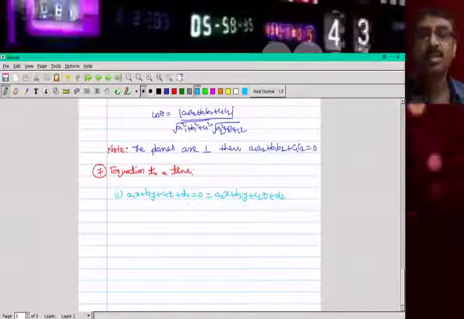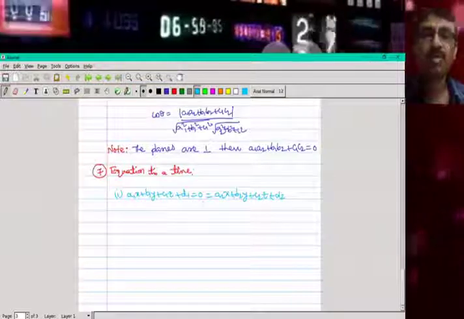Actually, the right side and left side of the zero are the equations of planes.